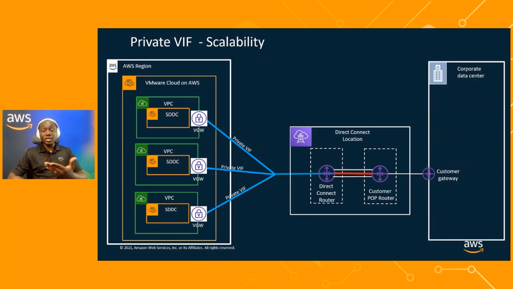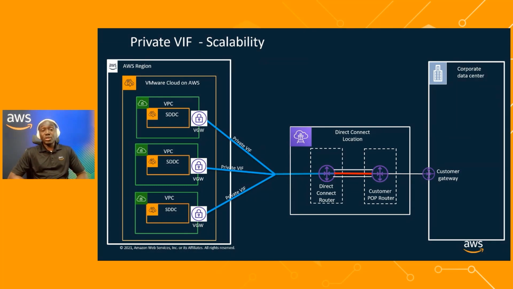This 50 could be either private or public virtual interfaces. In addition, you can have only one transit virtual interface. You have to factor that in when you are architecting your environment. When we talk about the transit virtual interface, I'll show you how that works. So this is how you can scale private virtual interfaces as well.